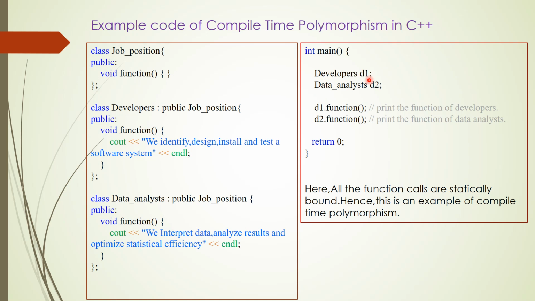In main, we are declaring two objects of the derived classes, d1 and d2. We are calling the function through these objects, which is pretty straightforward. Here all the function calls are statically bound, hence this is an example of compile time polymorphism. The program already knows when it is compiled which function is going to be called.